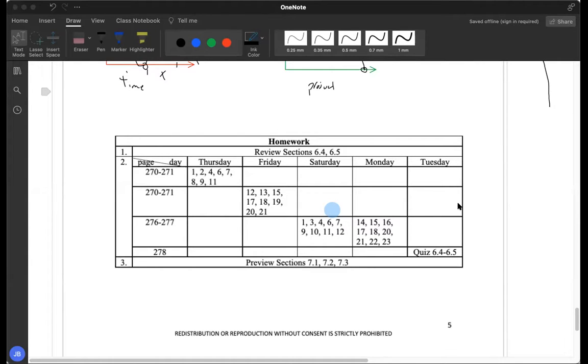Julia wanted a graphing one. Let's see, 270.